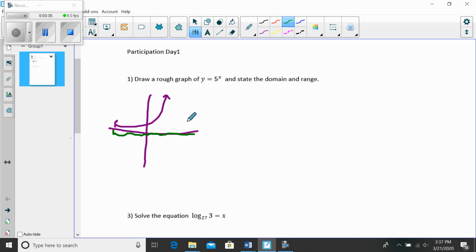A general support that I give for domain is I talk about how we can input anything that doesn't give me a 0 in the denominator or a negative under the radical. When I make that statement, I do have to be careful, because that is true only for algebraic functions, which is all we had been working with at that point in time in that class.